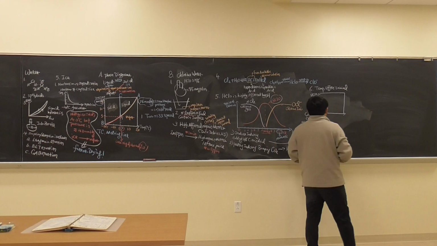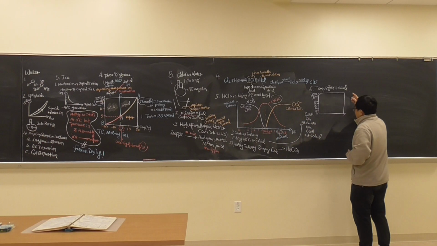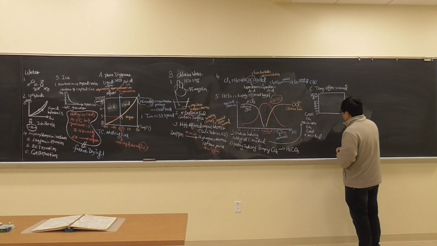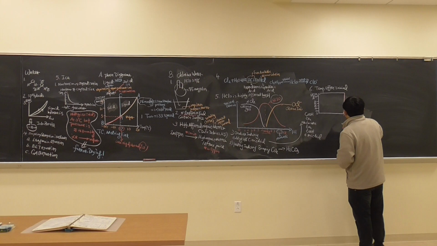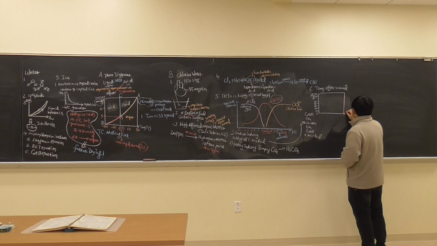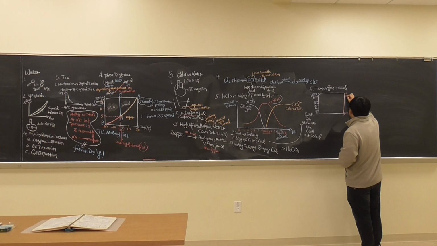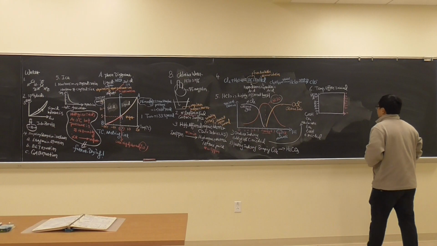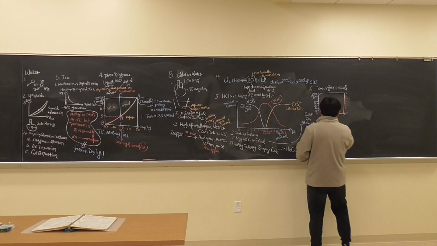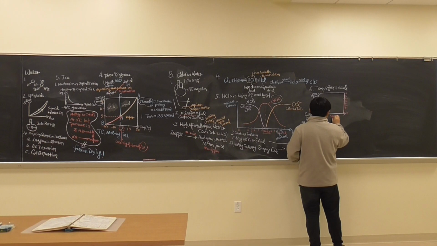And here, what they do is they go in the opposite direction. So this is 100. Above is 0, and then you have 10, 20, 30, 40, 50, 60, all the way to 100. And this x-axis is still pH.